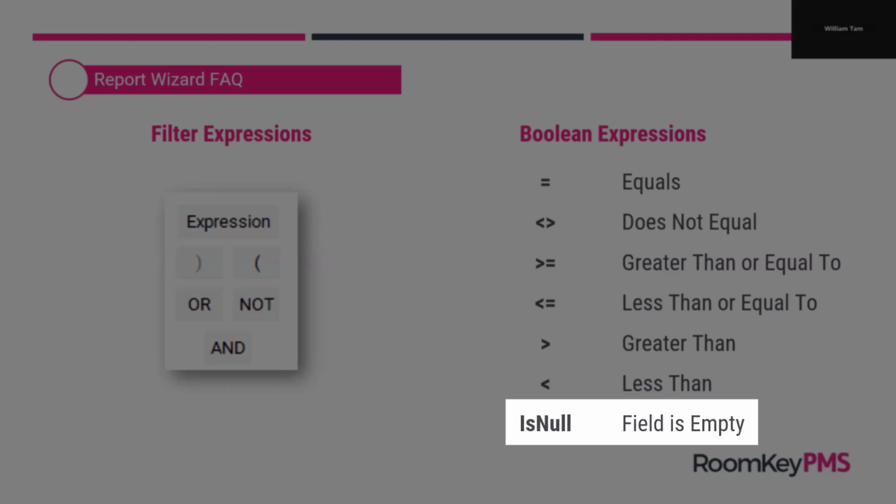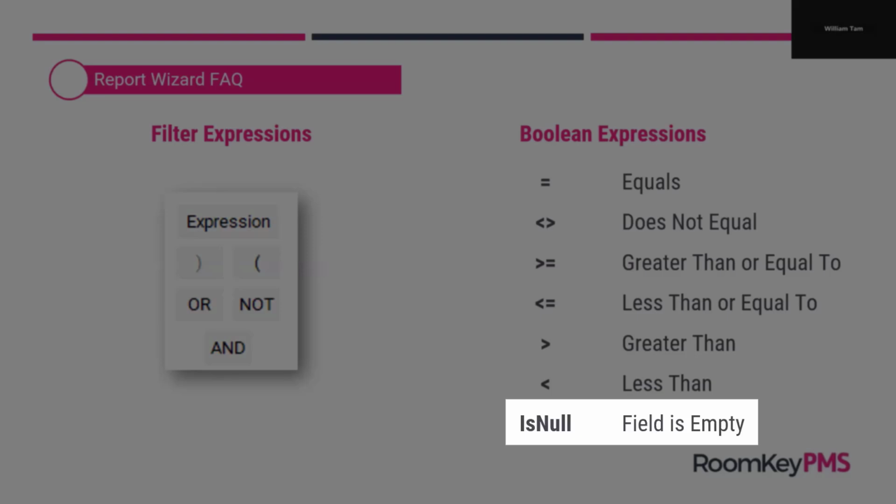If you're creating a report, for example, an arrivals report, and it's your hotel policy to pre-assign room numbers, you could build a report that shows any expression of a room number that is null, meaning the field is empty, meaning that the room number assignment is missing from that arrival reservation.